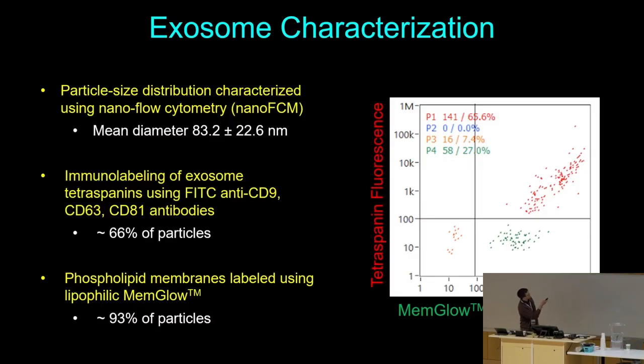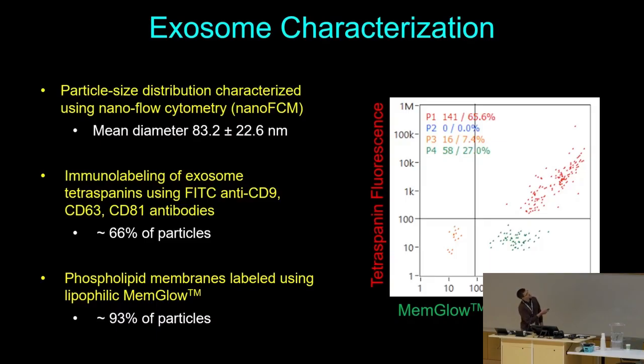And then we used MemGlow, which is a lipophilic anchor fluorescent tag, and that essentially binds to any kind of vesicle particle by embedding itself in the membrane, and that signal is shown on the x-axis, while the tetraspanin fluorescence is shown on the y.